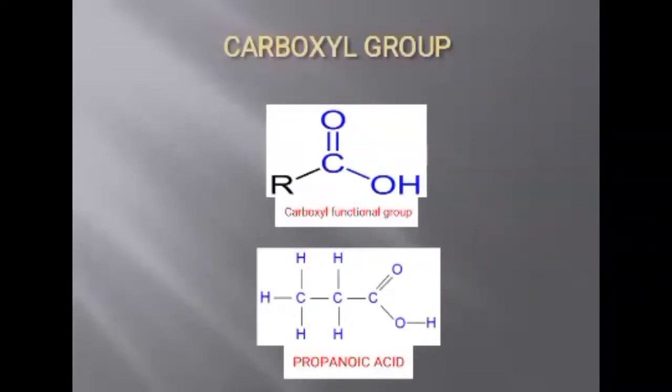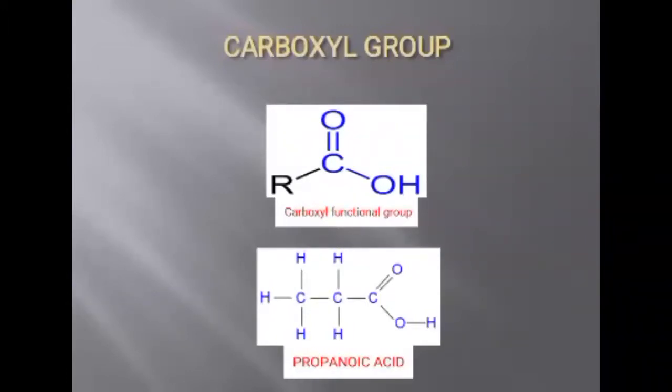But because we have to consider the carbon in the functional group, we now have a total of 3 carbon atoms in this compound. And because we have 3 carbon atoms, and our functional group is telling us that this compound belongs to the carboxyl group, we now name this compound as propanoic acid.